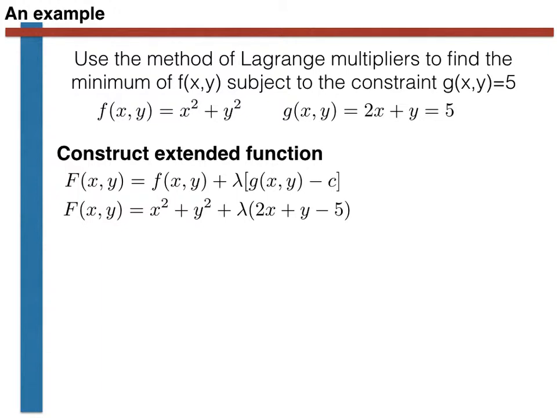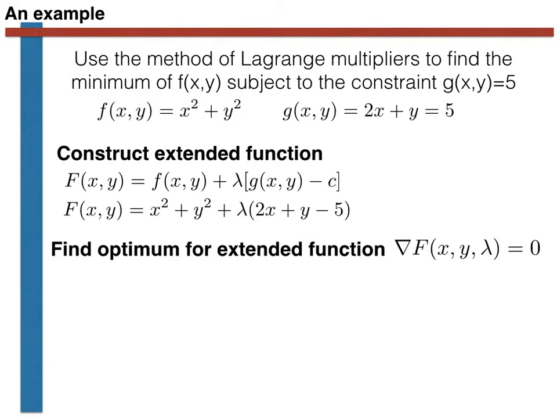We then differentiate the extended function with respect to x, y, and lambda, as all these partial derivatives of the extended function must be equal to 0 at the constrained optimum. If we do this for the problem here, we get the following expressions for the partial derivatives with respect to x and y.